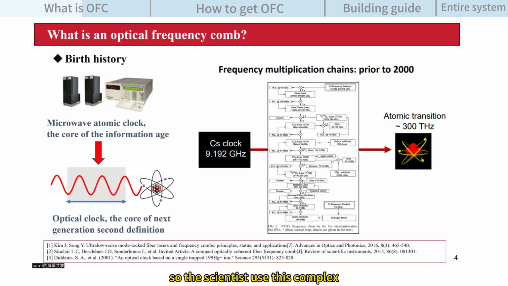So the scientists use these complex systems to measure the optical frequency. You can see they use many lasers and many physical groups to transfer the stability. And they bring the optical frequency down to the microwave range so it can be measured.